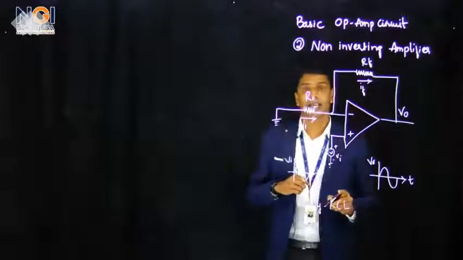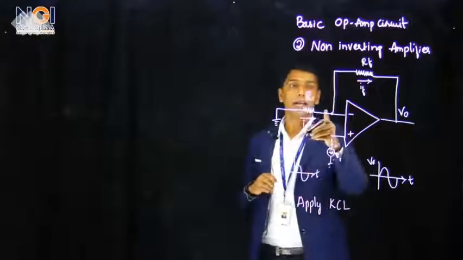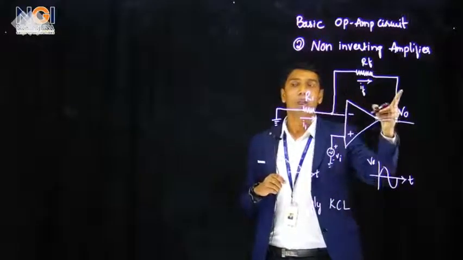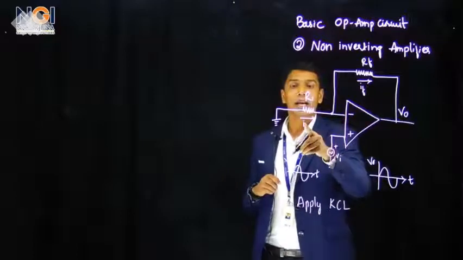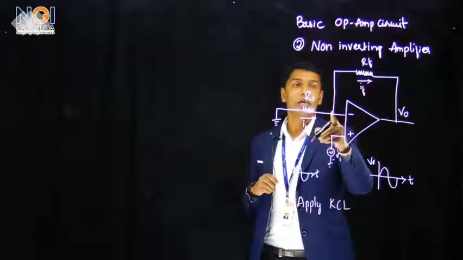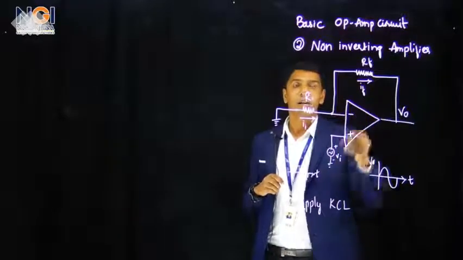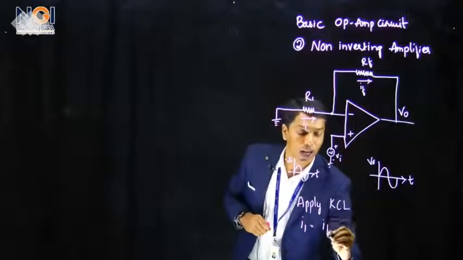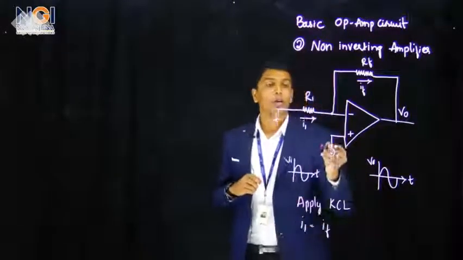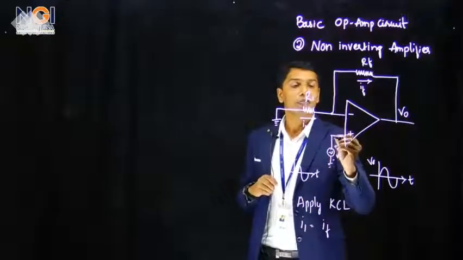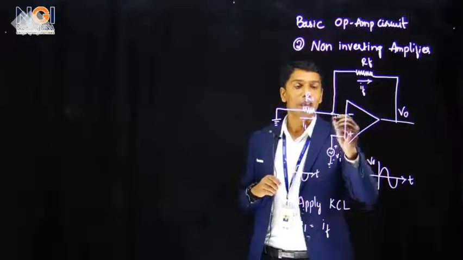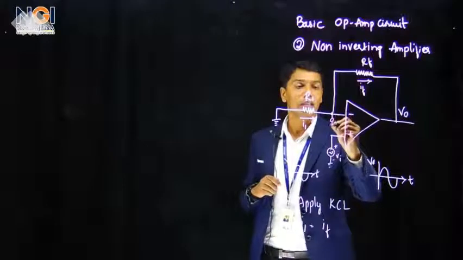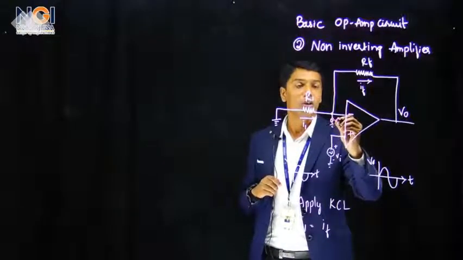Kirchhoff's current law states that the sum of currents entering the node is equal to the sum of currents leaving the node. Here I1 is the current entering the node, IF is the current leaving the node. Therefore, I1 is equal to IF. According to the virtual ground concept, if at the non-inverting terminal we are applying supply, here also we are applying supply.